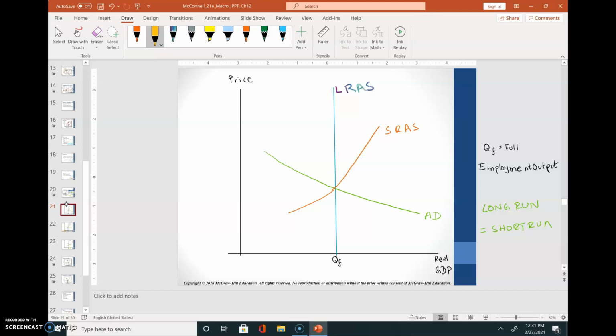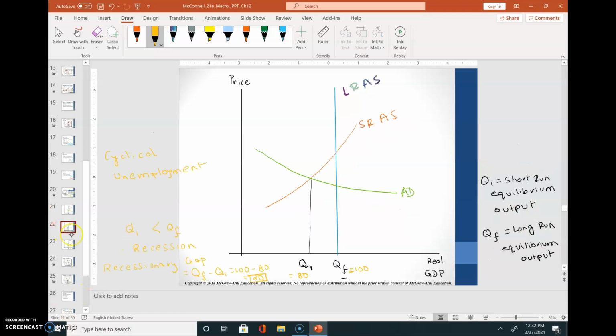The output associated with the long run aggregate supply curve is the full employment output level. Over here, the long run equilibrium is also equal to the short run equilibrium because all three curves are intersecting each other.